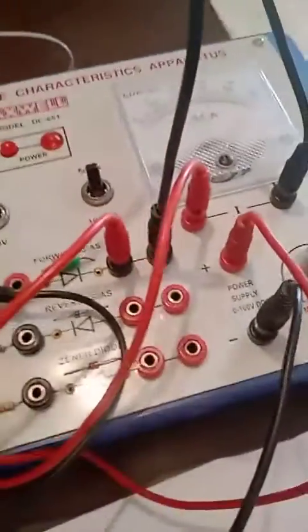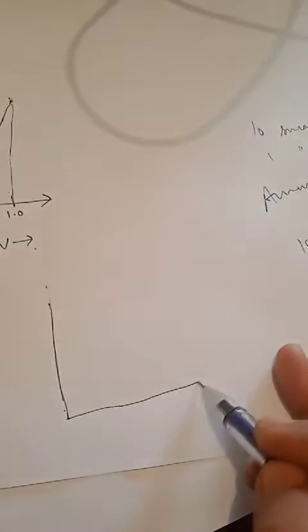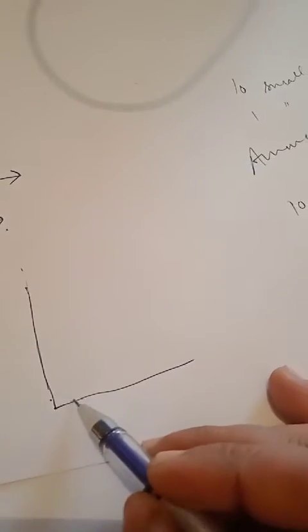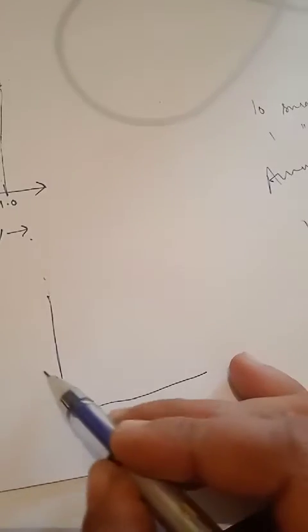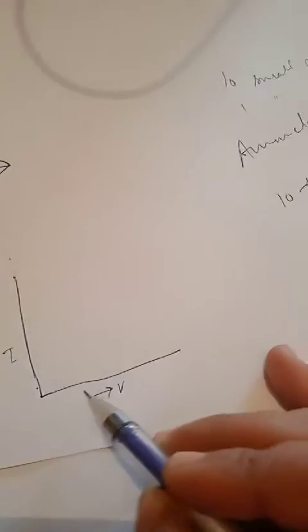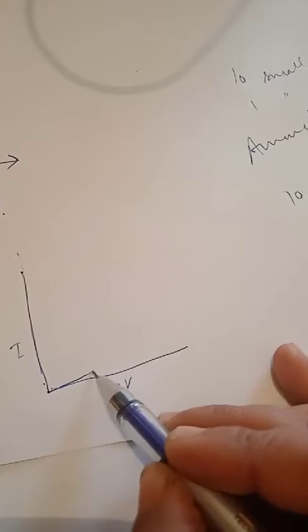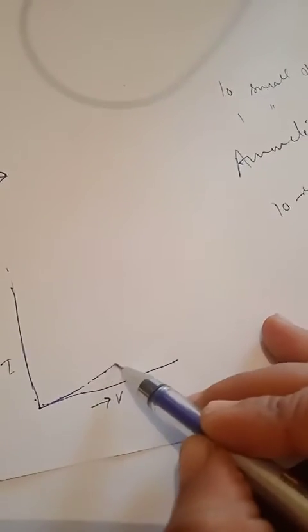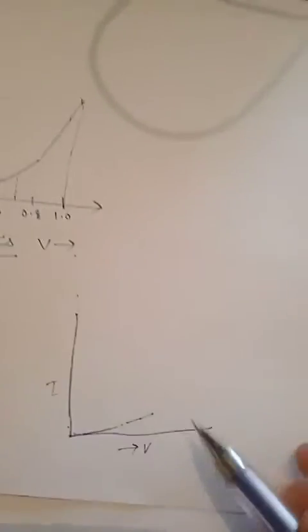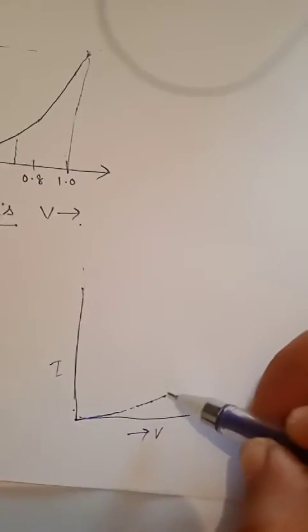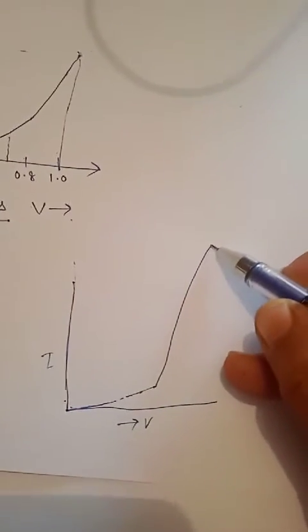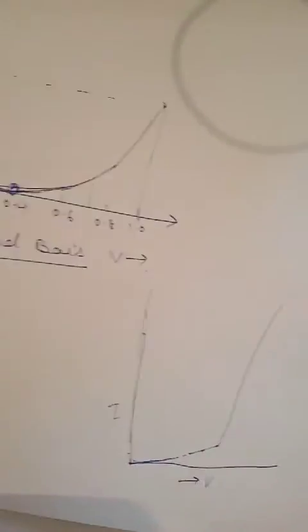So a point will come where, for a small voltage, the value of the current will be maximum. If we draw the graph for this VI characteristic, it will be like this. You can take different values, but first, with the increase in voltage, the current will increase slowly, but a point will come where the current reaches the maximum value, 1000.